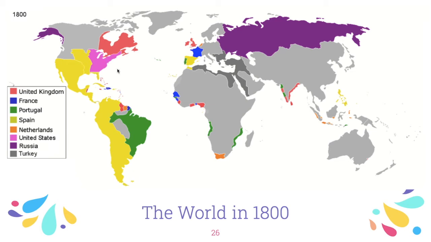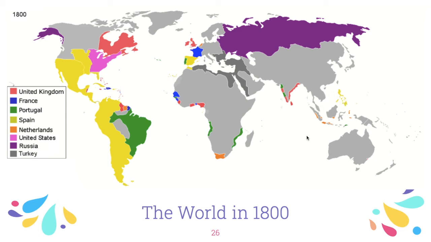And you can see these large swaths of territory in the Americas that each of these groups controlled, as well as some of their colonies that they operated and controlled in Africa, India, and other parts of South Asia, Southeast Asia as well.